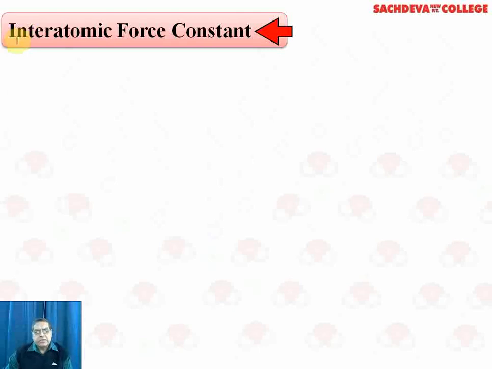Well, now the next discussion is regarding the interatomic force constant. As I have explained earlier, if we consider a wire or a rod, it is made up of many atoms. Atoms are arranged in a three-dimensional repeated pattern. The axes on which the atoms are arranged are called the lattices.